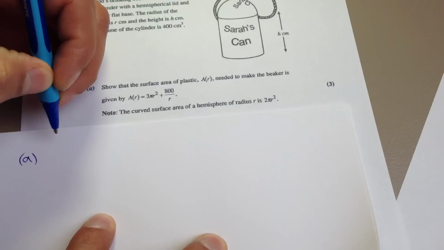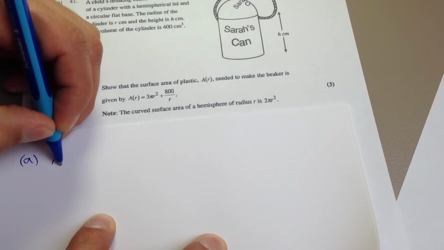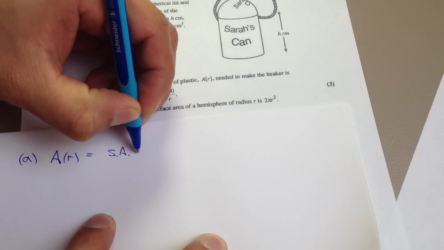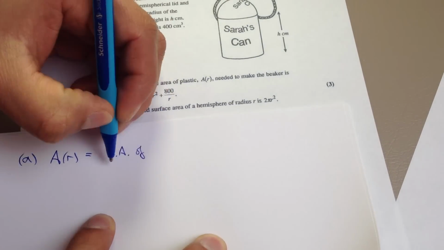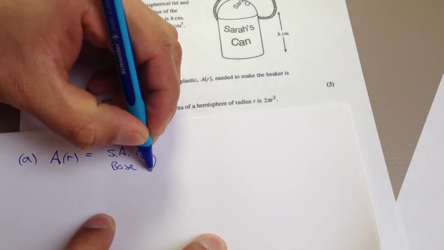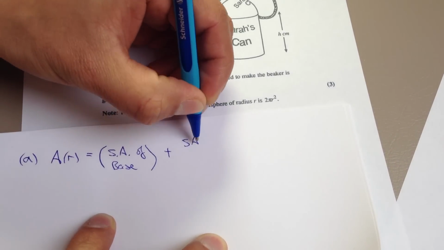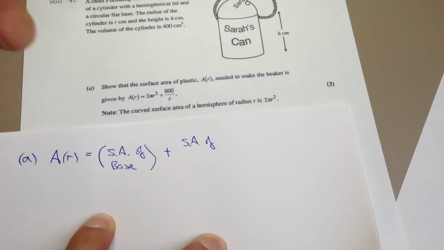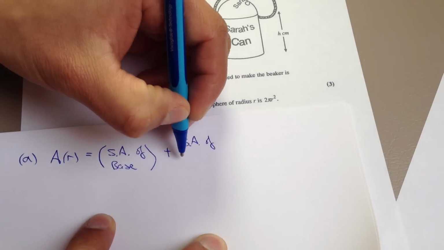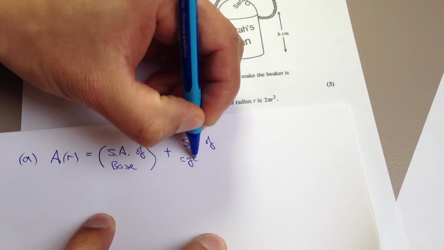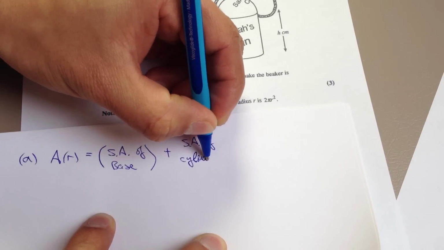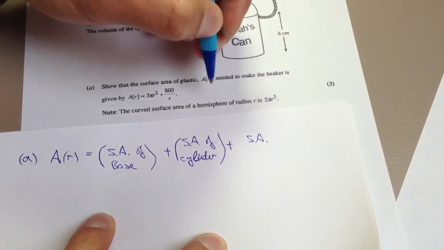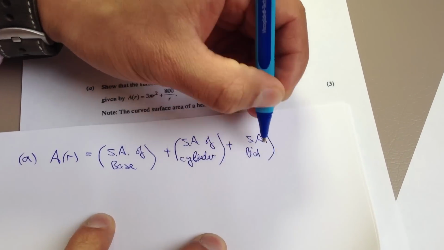So basically the surface area, which we'll call A of r, is going to be the surface area of the base, plus the surface area of the actual circular outer surface of the cylinder, and added on to that will be the surface area of the lid, the hemisphere itself.